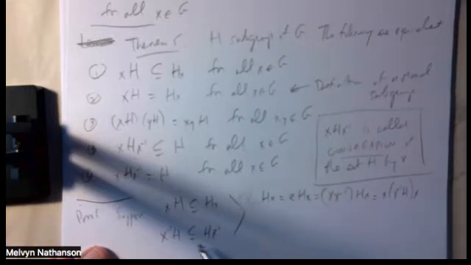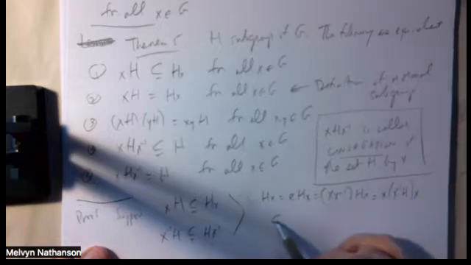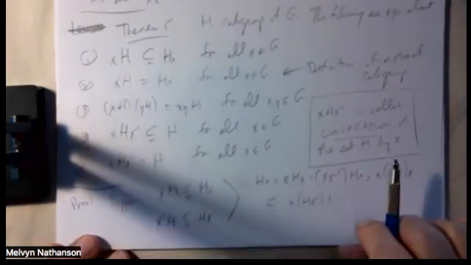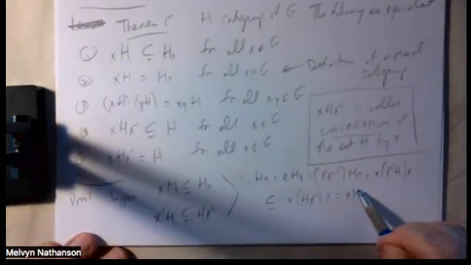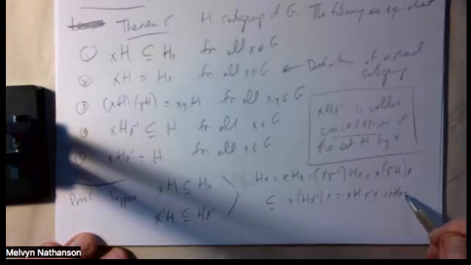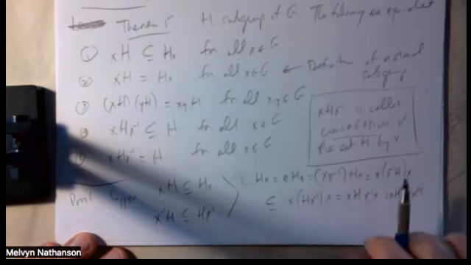And x inverse H is contained in H x inverse. So this is contained in x times H x inverse times x, which is xH x inverse x, which is xH times the identity, because x inverse x is the identity. So this is xH. Therefore, I proved that the right coset is contained in the left coset.